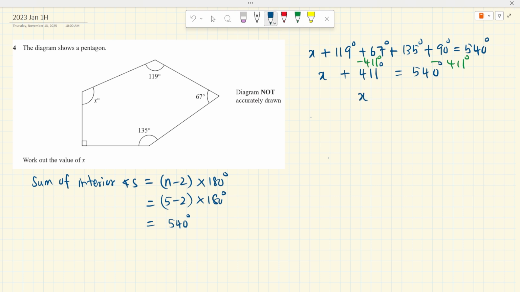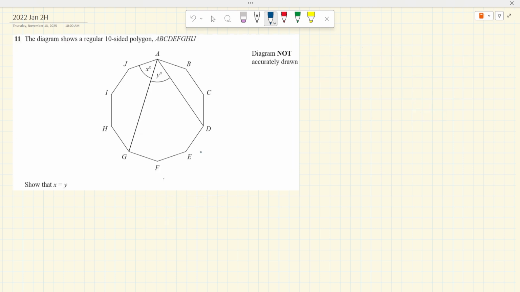X, 411 gets cancelled, equals 540 minus 411. So x equals 129. Question number 5. The diagram shows a regular 10-sided polygon A, B, C, D, E, F, G, H, I, J.